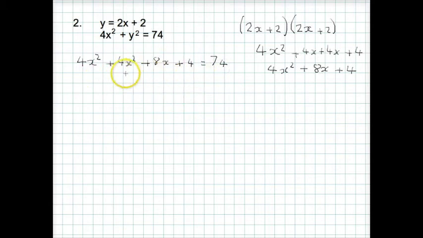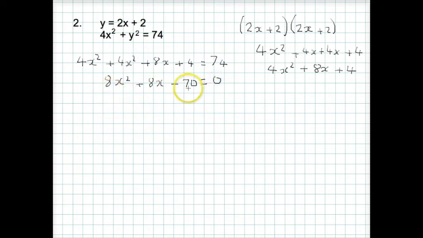Now we want to make this into a quadratic, so we group the x squareds together, which gives us 8x squared plus 8x, but let's now take the 74 over and take it away, which is minus 70 equals 0.